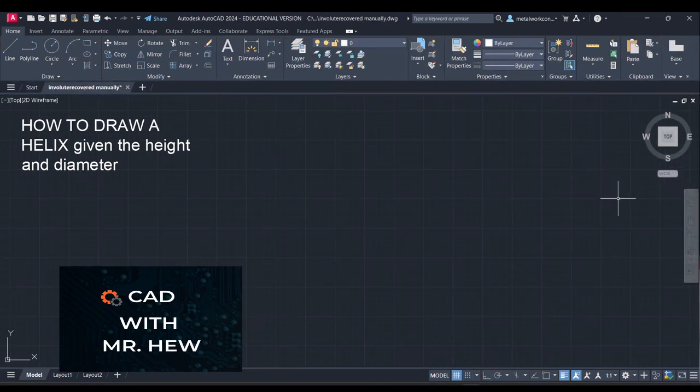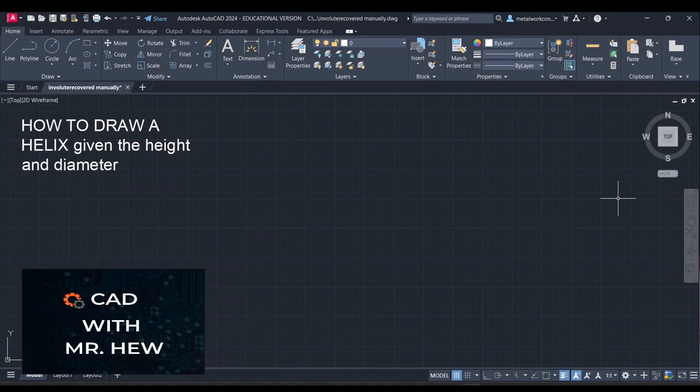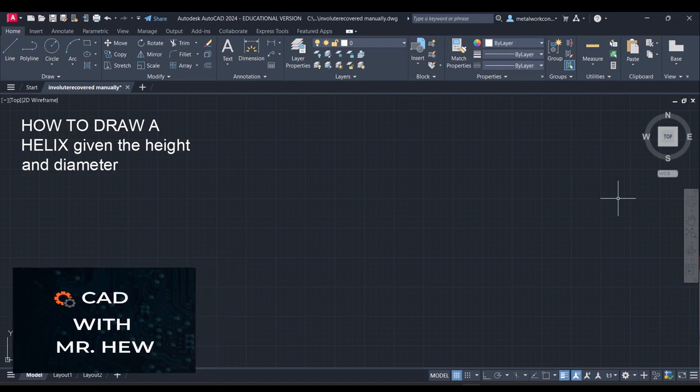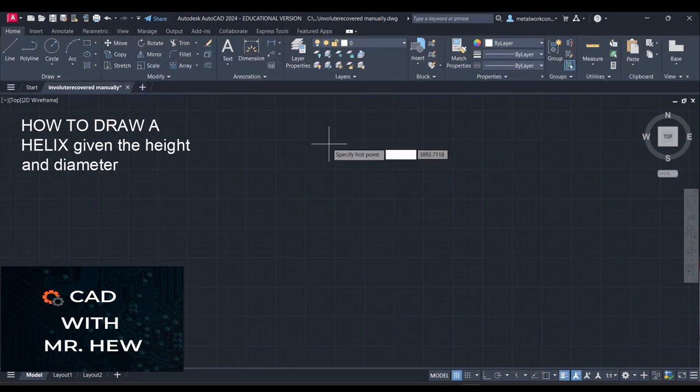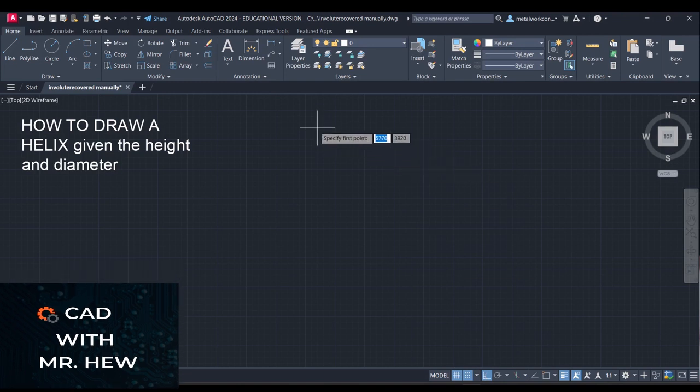As stated earlier in the video, we'll be drawing a helix. So we are given the height and the diameter, and we're required to draw a helix, all right? So we're gonna start off with our line to represent the front elevation of the helix construction, all right?